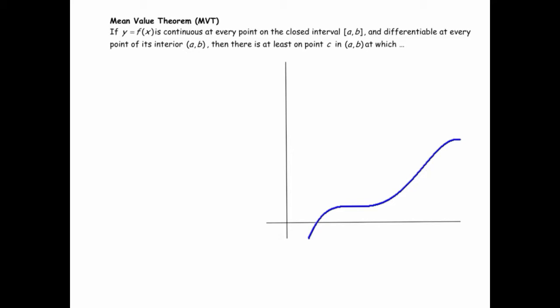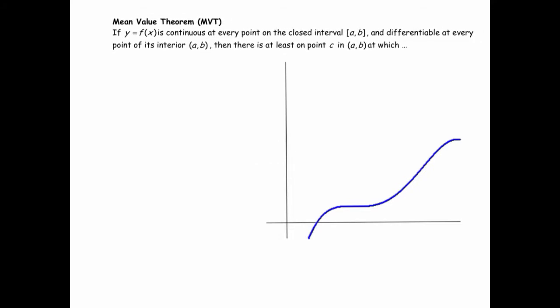Formally, the mean value theorem states that if y equals f of x is continuous at every point on the closed interval a to b and differentiable at every point of its interior, a to b, then there is at least one point c in (a, b) at which the derivative at that point c is equal to the average rate of change, which is given by the slope of this secant line.